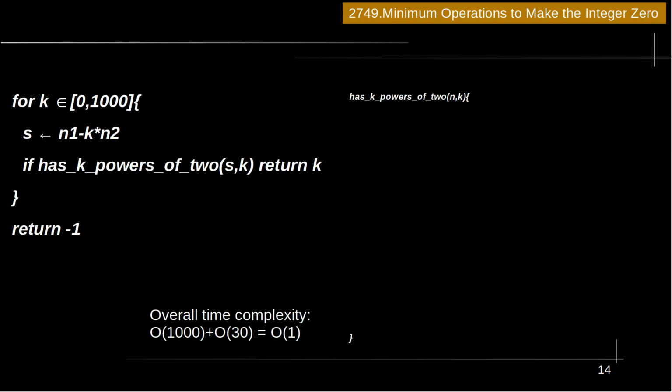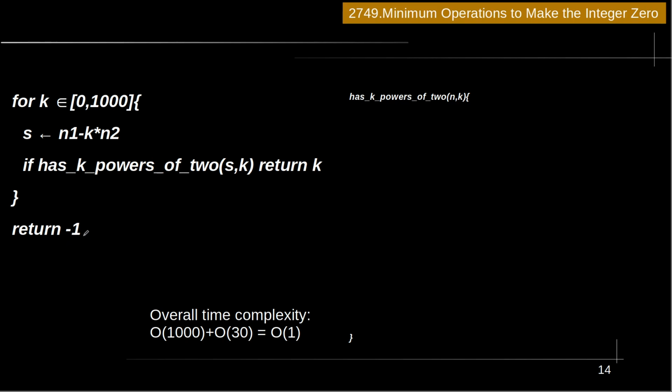So we can write the pseudocode of this code. First, as you have seen earlier in this presentation, we go over the number of steps k from 0 to 1000, compute the sum, and check if that sum contains k powers of 2. If yes, return k.